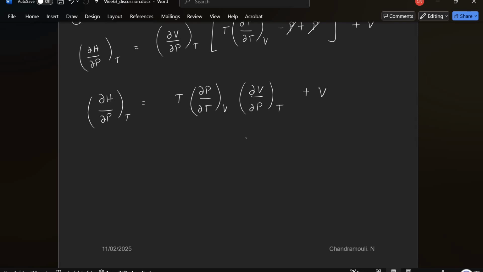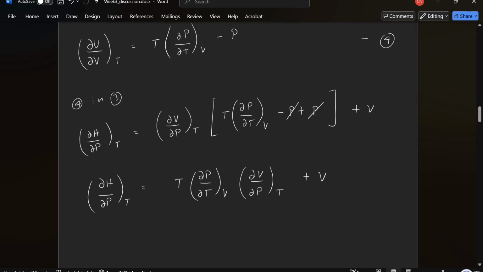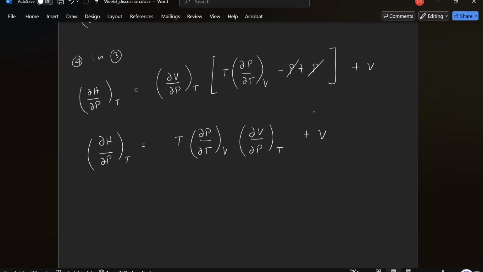For that, let's use this equation. I'll keep this as equation 5. Now we can go to the van der Waals gas, where pressure is equal to RT by V minus b, minus a by V bar square.